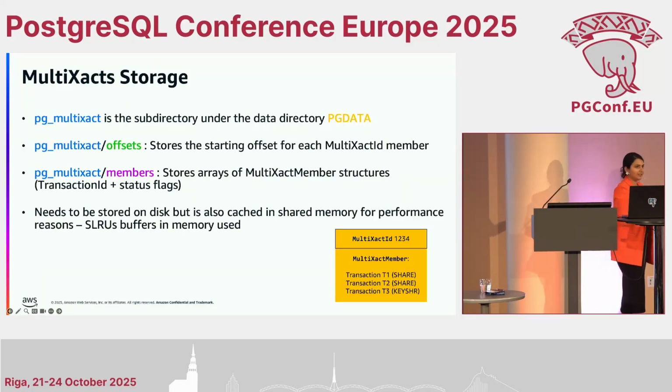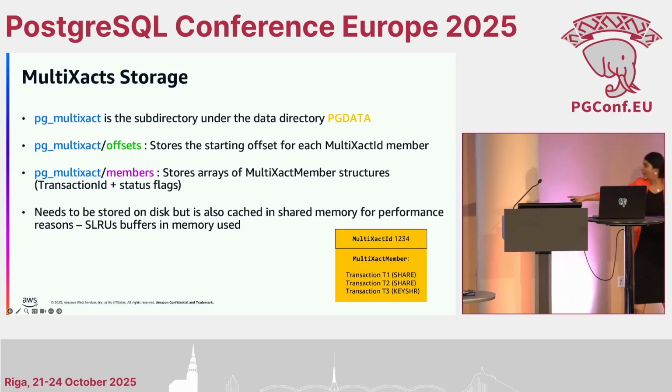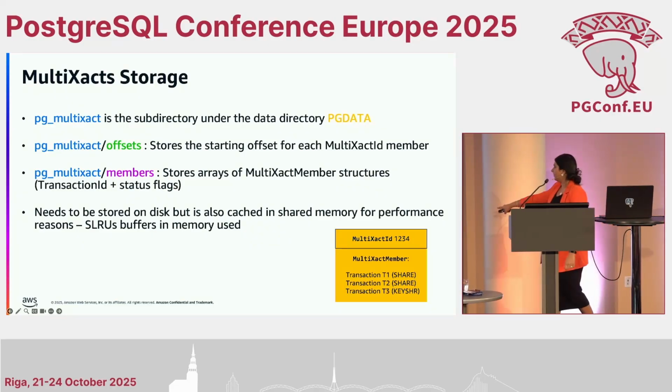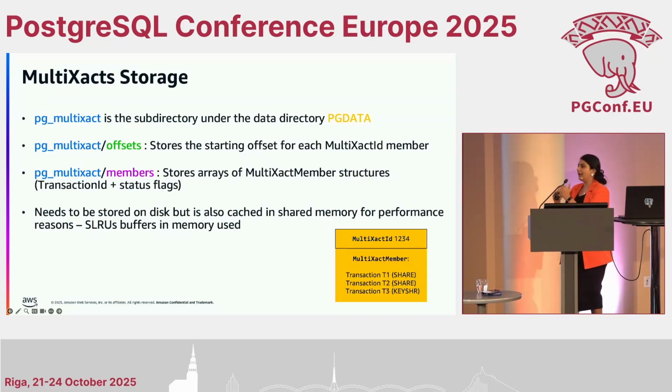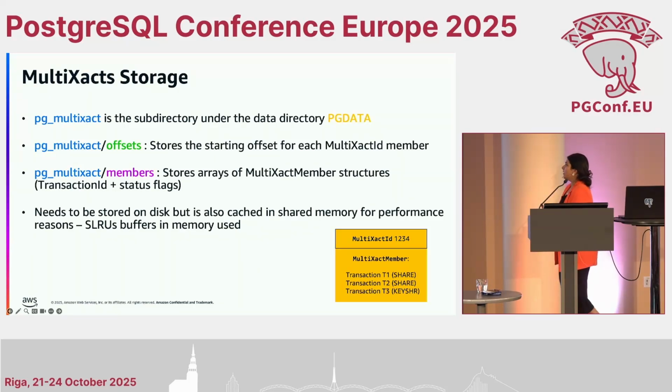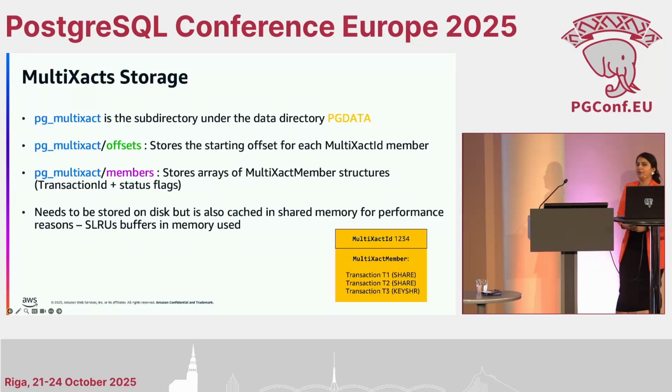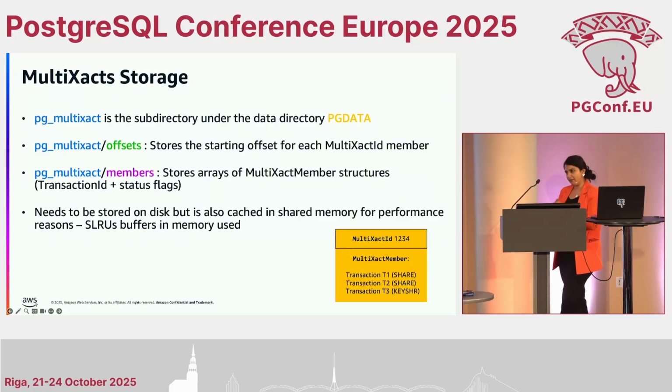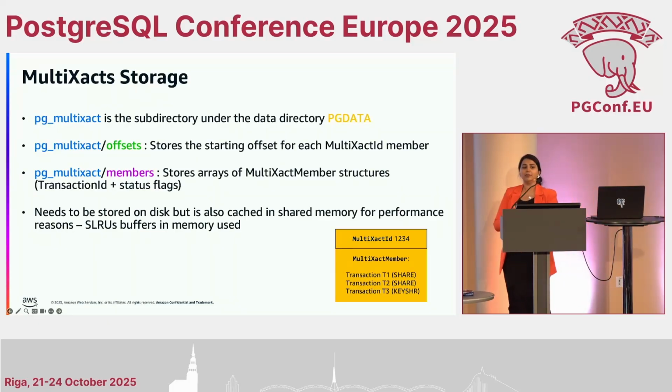And the members is the array which is of the transaction ID and the status flag. So there down below is the ID, and then the members, the transaction IDs and the status of the transaction. It needs to be stored to disk, but it is also cached in memory for performance in SLRUs, and I will explain that in just a minute. But this is the basic storage for multi-exacts.